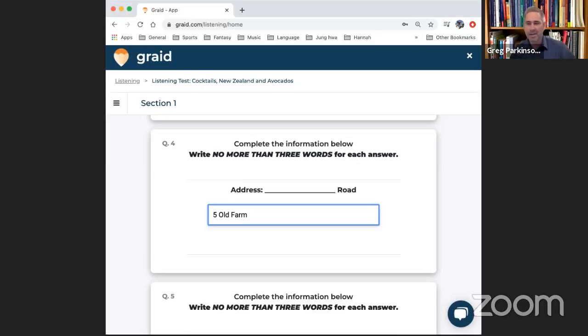So the examiners decided that they don't need to be dictated, right? So what seems like quite a simple test, when you're under pressure and trying to listen very carefully, it can be difficult. So we just had questions 2, 3, and 4 very close together. So you just really have to stay completely focused during the test. So Danny lives at, as he said, 5 Old Farm Road, right?